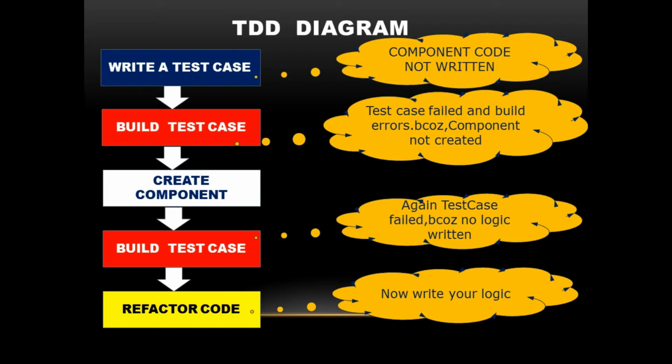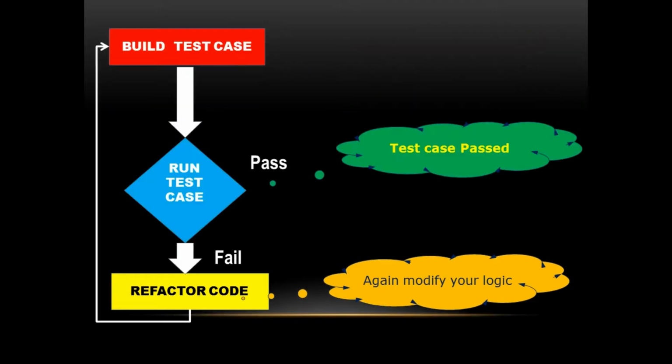So again I will go to the hotel menu library, refactor the code and include some new logic into it, and again build the test case. Now all the logic is implemented. So now I am building the test case.